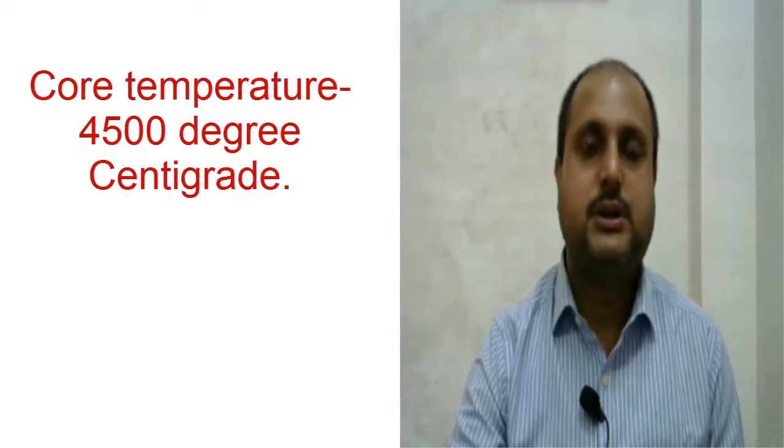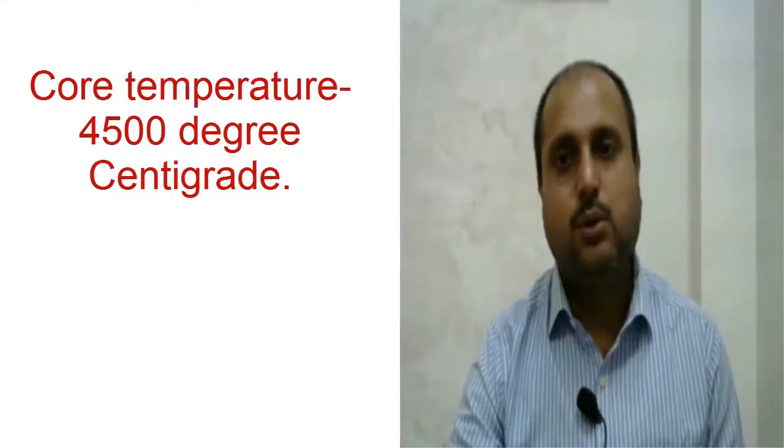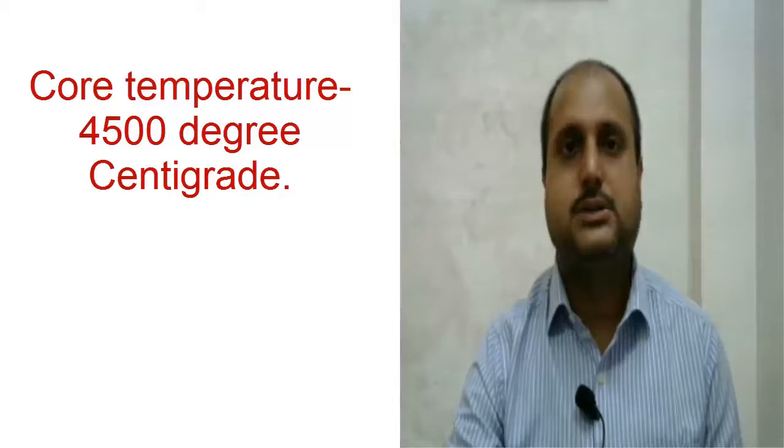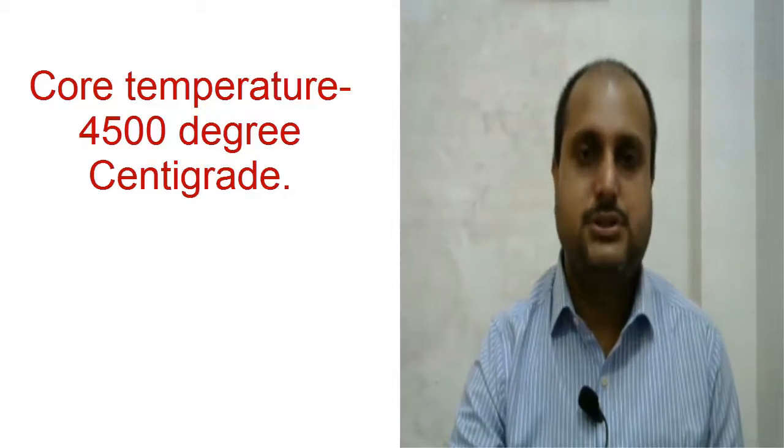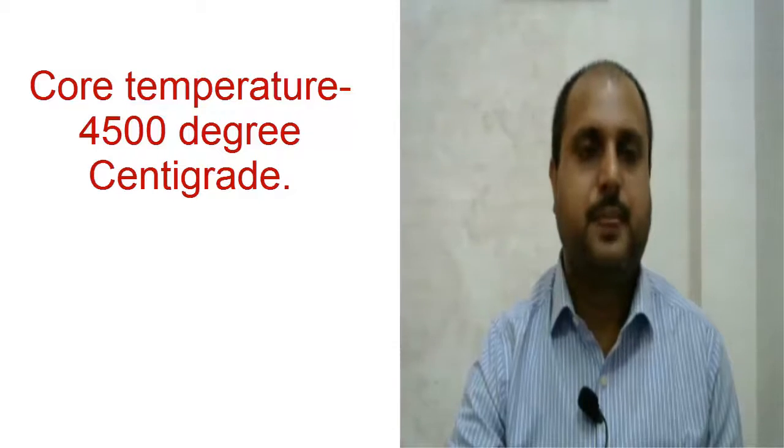The internal layer of the Earth is the core, and it is extremely hot. Around 4500 degrees centigrade is the temperature inside the core. So in the core the temperature always remains around 4500 degrees centigrade, which is very hot.